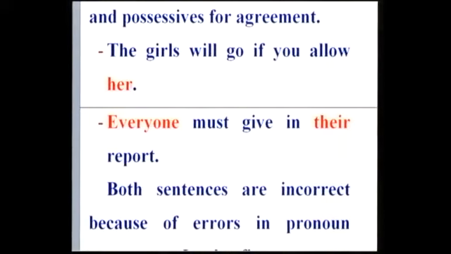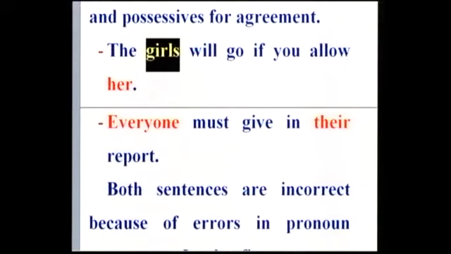It should be followed by an object. طيب this object is a singular feminine object pronoun. ده ضمير مؤنث مفرد في حالة مفعول. لكن هنا the girls is a plural word. يبقى مفروض the girls will go if you allow them, لأن them دي عايدة على the word girls and this is plural.